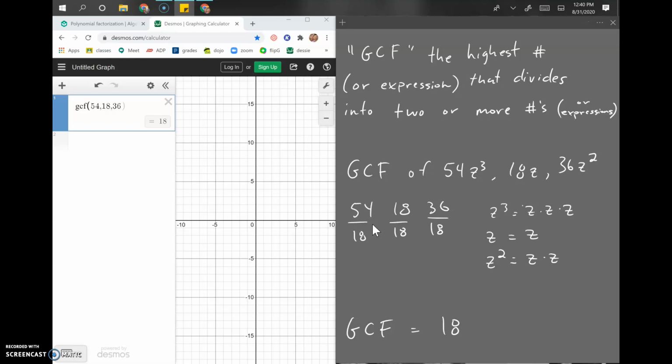Well, they all share at least one z, and that's it. This one's got 2, this one's got none, this one's got 1. So we can only factor out 1z, we can only divide them each by 1z because they each have at least 1z. So our greatest common factor here is 18z.